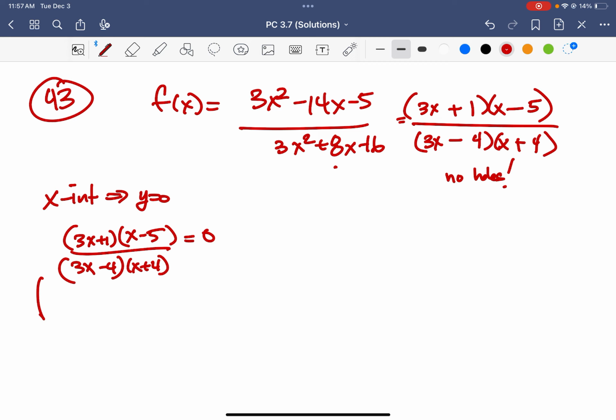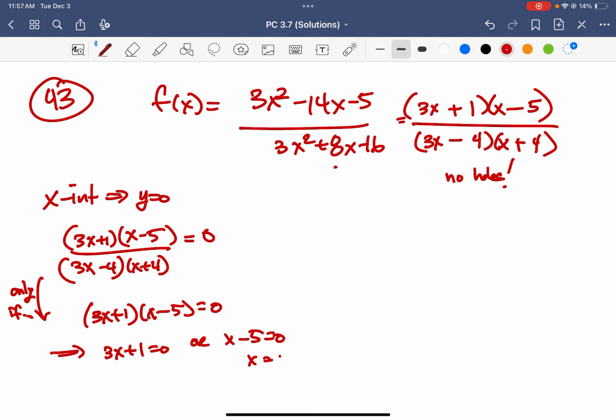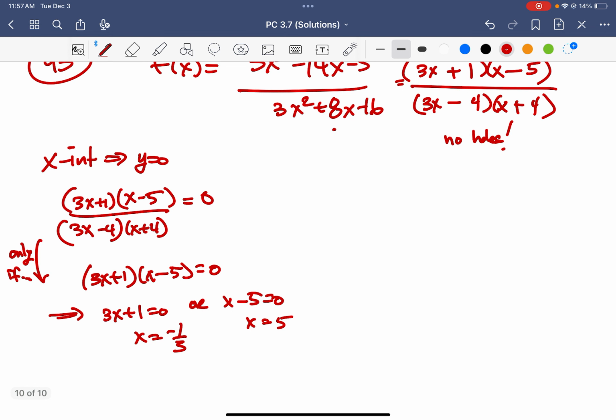But that happens only if the top is equal to 0, which means this equals 0 or this equals 0, which means you get 5 and negative a third are our two x-intercepts. So that means (-1/3, 0) and (5, 0) are two points on our graph.